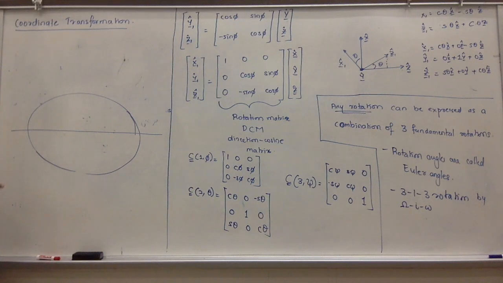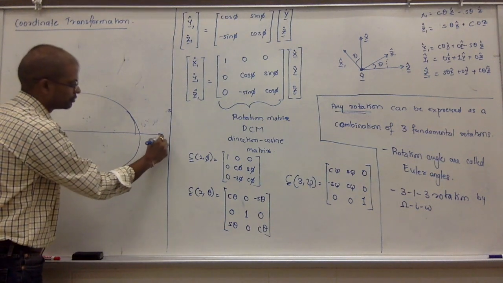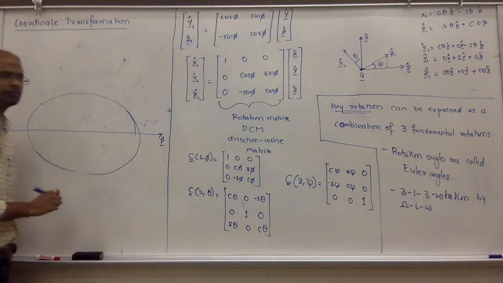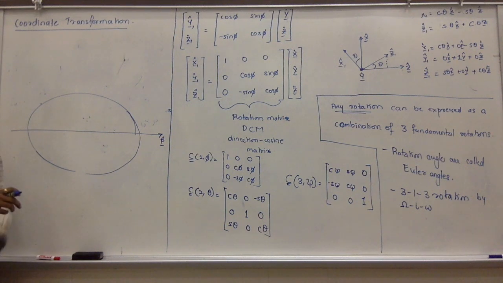Okay, if this is the orbit, where is my XYZ? It depends on what the inclination is. So this is my orbit frame, and this is the P direction, with X in the major axis direction.